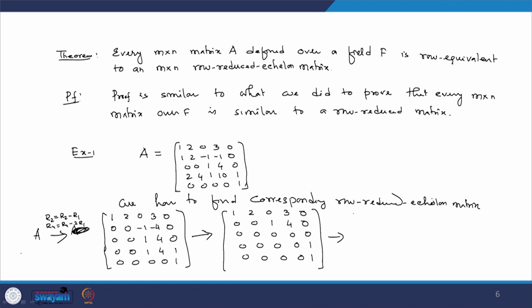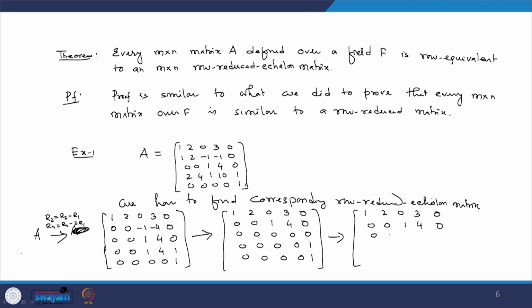So one more step is required: 1, 2, 0, 3, 0 and 0, 0, 1, 4, 0. Since all the non-zero rows must be above the zero rows, let me exchange to the third row.